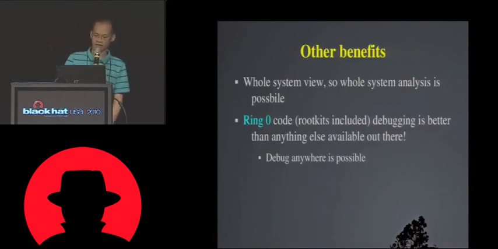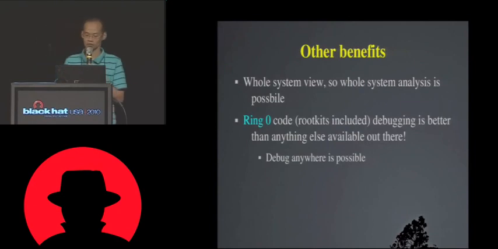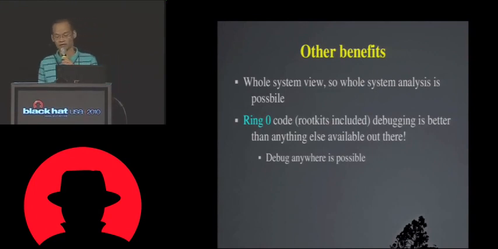There are some other benefits for VirtICE. Because we run the debugger inside the hypervisor layer, we have the whole system view, so whole system analysis is possible. And especially ring zero code, for example rootkits, debugging is better than anything else available out there, because you can debug anywhere, anytime.